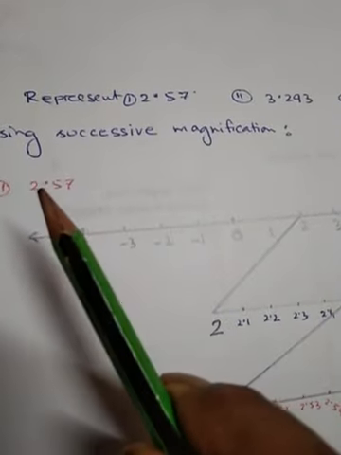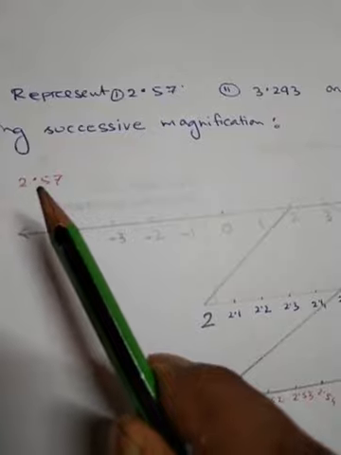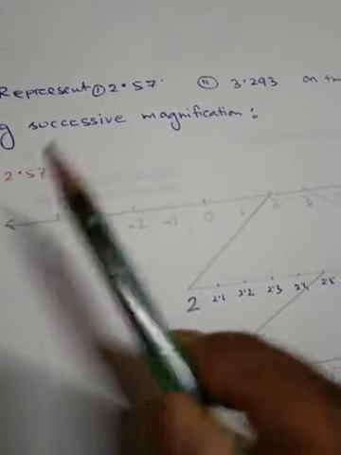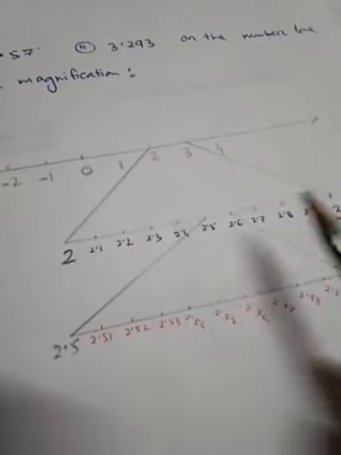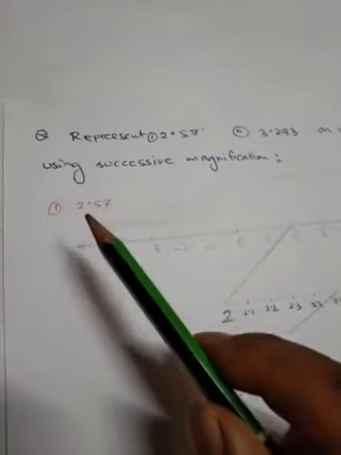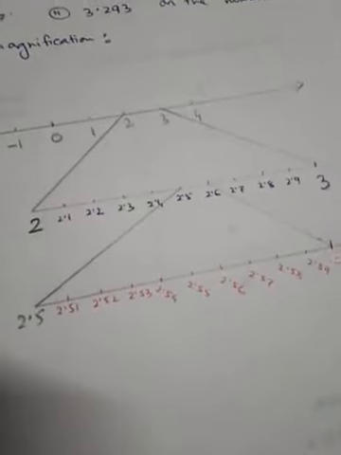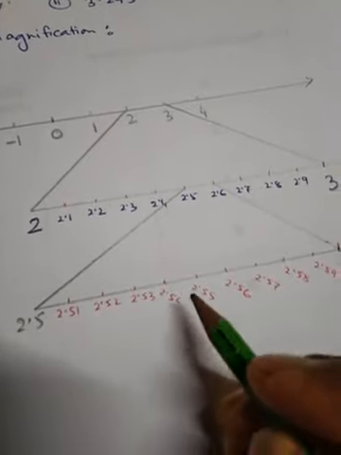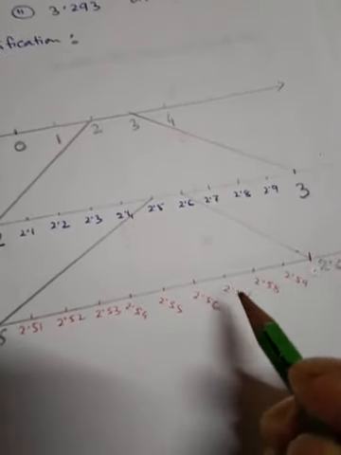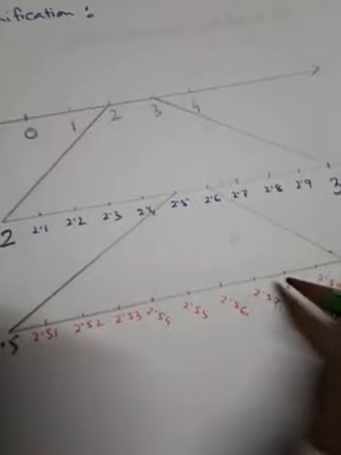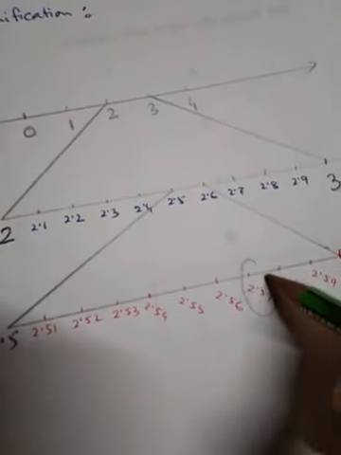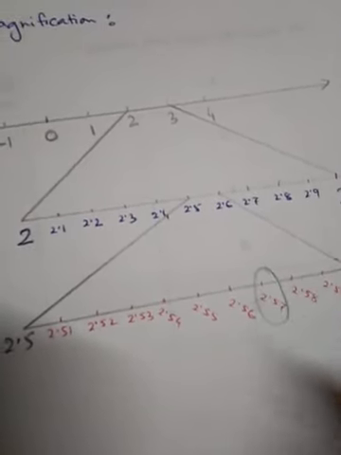Our question was 2.57, with 2 digits after the decimal, so we expand it twice, and then we get the place of this number. Here we can see the place of 2.57; we mark it with a pencil, and that would be our representation.